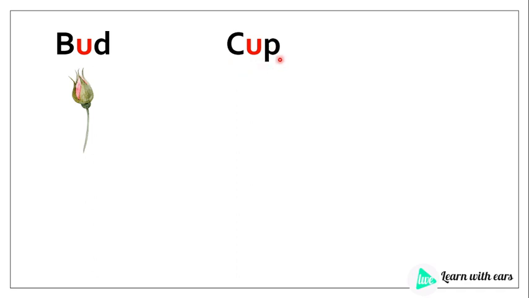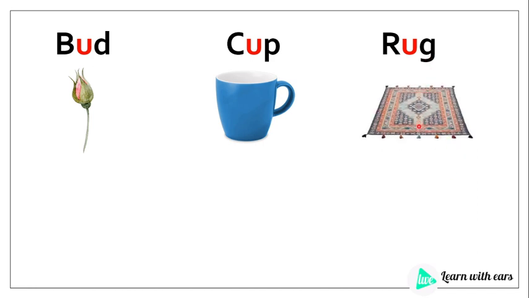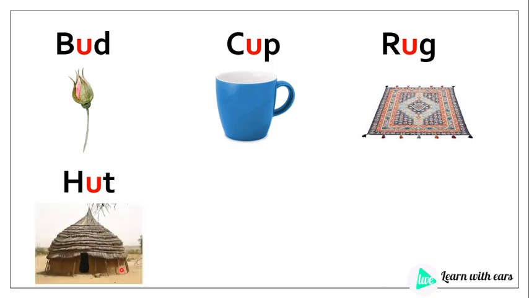K, up, cup. It's a cup. R, ug, rug. It's a rug. H, ut, hut.